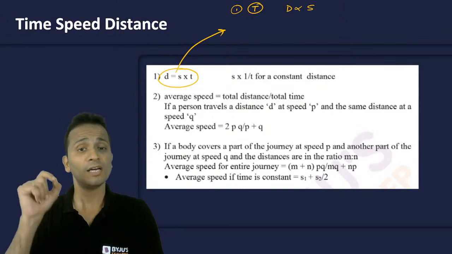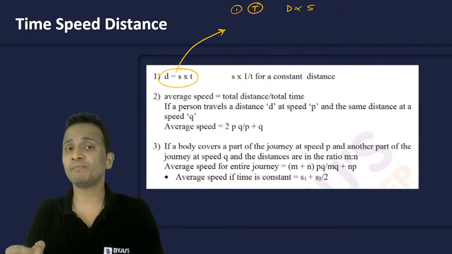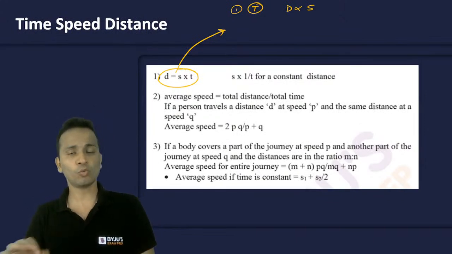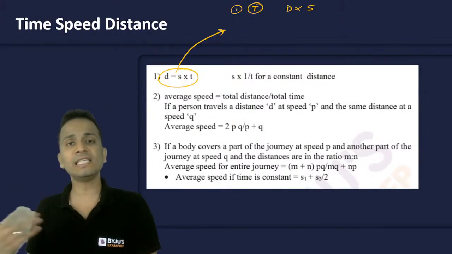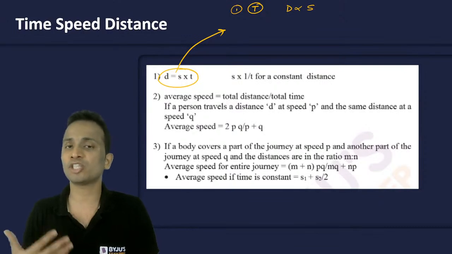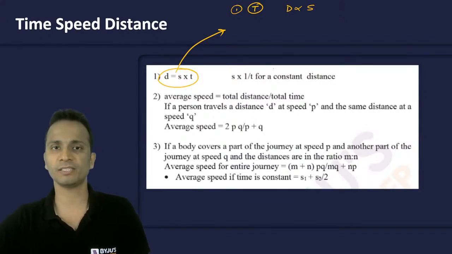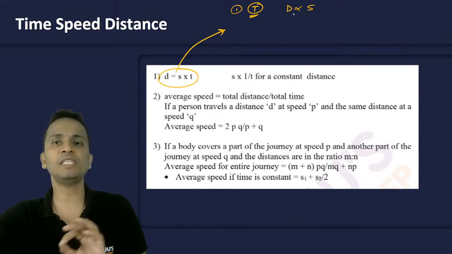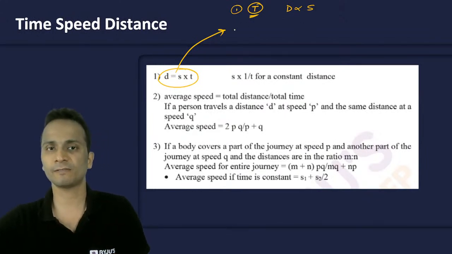Now, this is a logic, a concept that can be used as a shortcut at a lot of places. So whatever I'm telling you, these can be used as shortcut techniques at a lot of places. So time constant here, ratio of speeds is equal to ratio of distances.